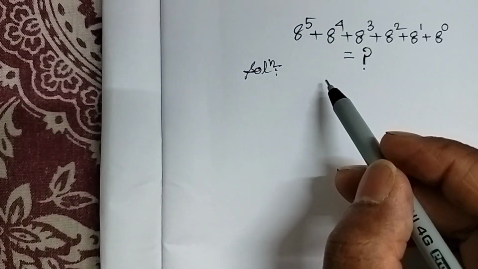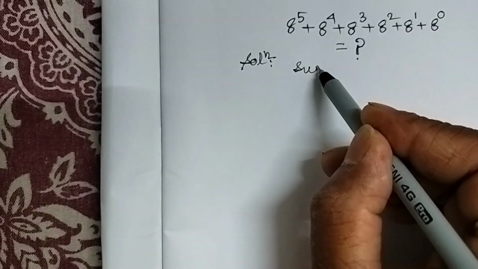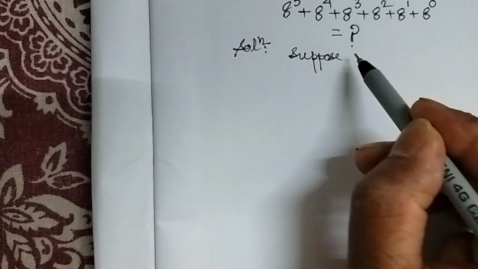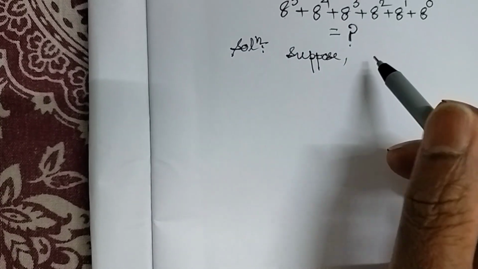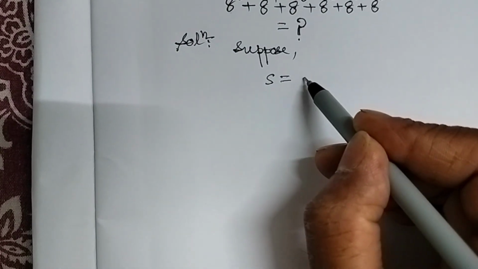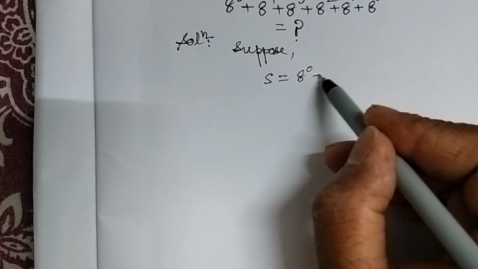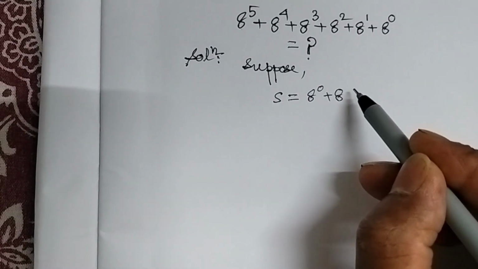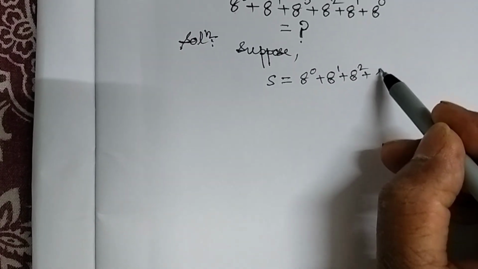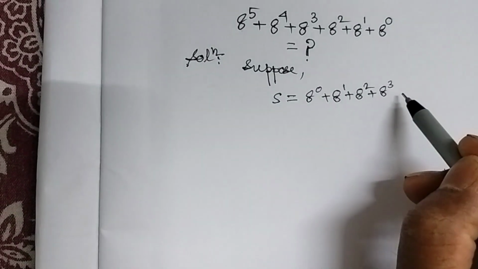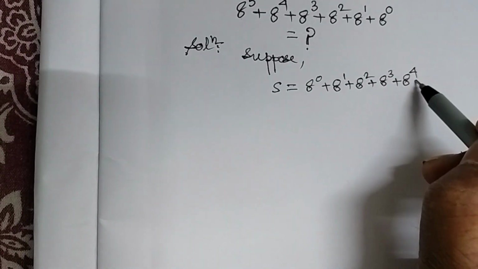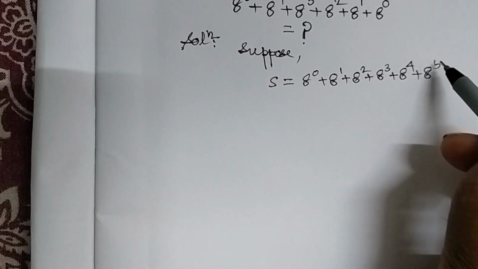First of all, we suppose S is equal to sum of the above expression. S is equal to 8 to the power 0 plus 8 to the power 1 plus 8 squared plus 8 cube plus 8 power 4 plus 8 power 5.